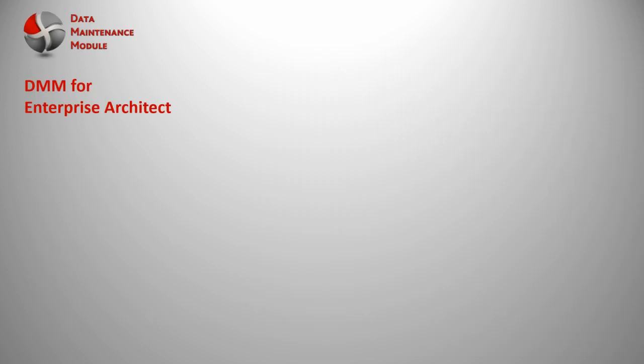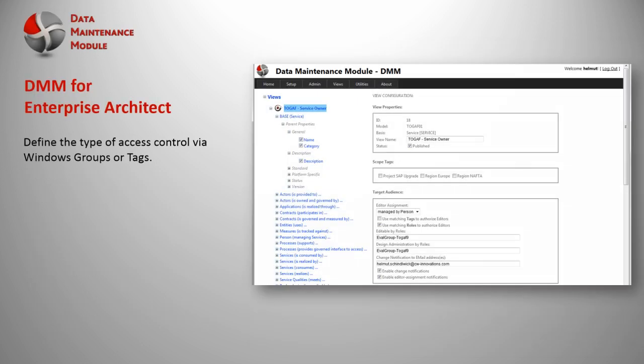Then we also have our enterprise architect. Of course, he has a different type of interface because he needs to define the type of access control. For example, he can select which Windows group should access which view. The enterprise architect can also limit or scope the data based on user tagging. You can set up your own tagging records and assign them to your data, and then the view automatically takes this information and presents the end user, the information owner, with the filtered information.